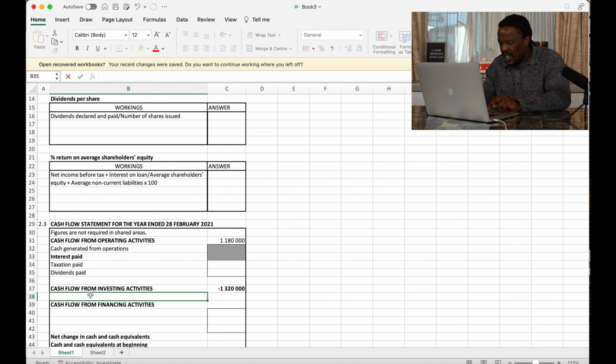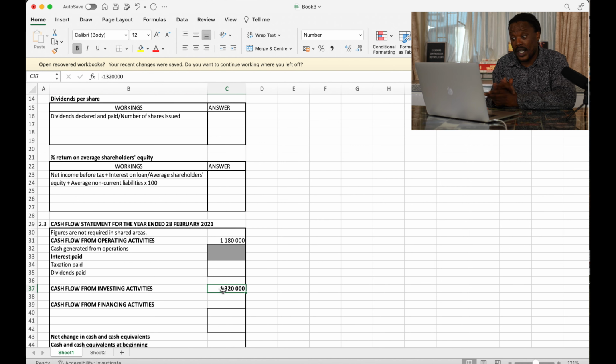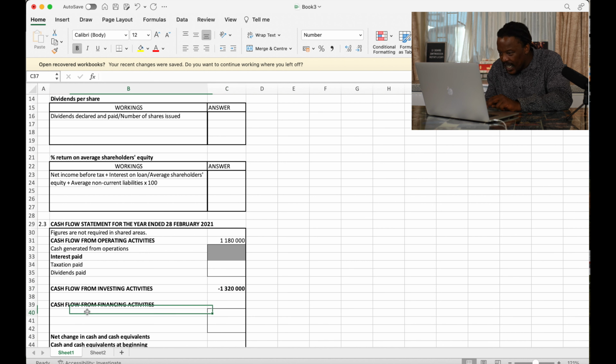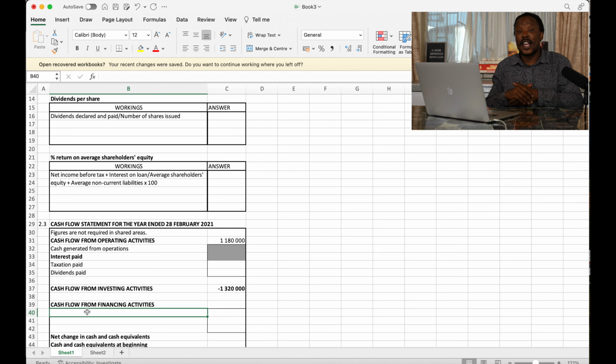You are like, okay, cash flow from investing activities consists of additions and disposals, anything that has to do with property, plant, and equipment, anything that has to do with fixed assets. The amount was given, so everything was calculated for us. So cash flow from financing activities has to do with shares, has to do with non-current liabilities. Shares, how so?